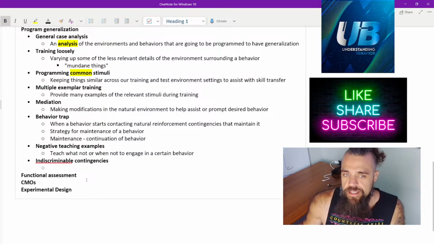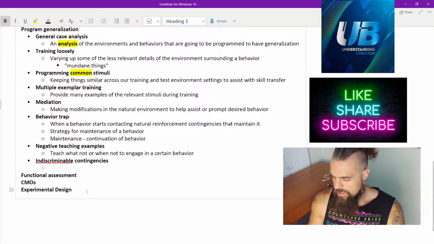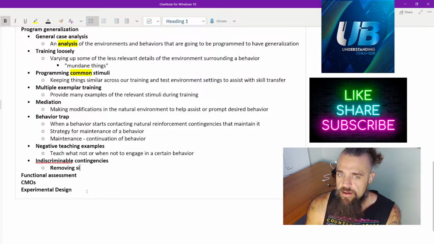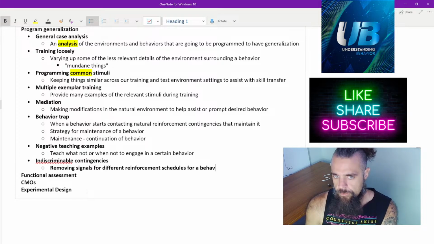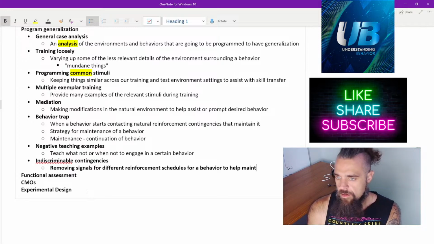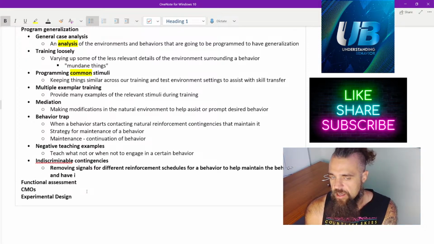Indiscriminable contingencies mean we don't have clear SDs and S deltas. So this is removing signals for different reinforcement schedules for a behavior to help maintain the behavior and have it occur under a wide variety of conditions.